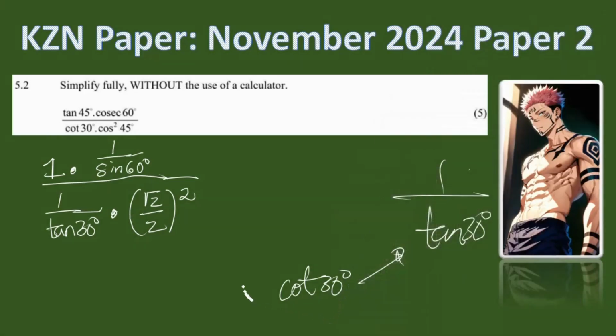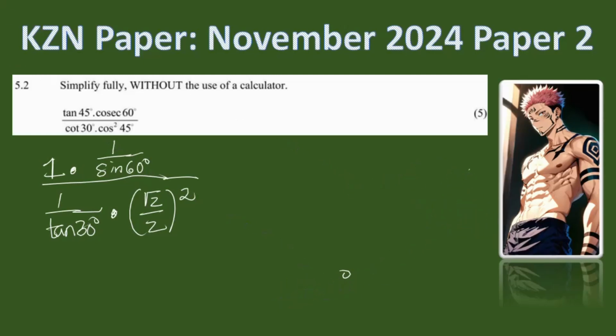Now, afterwards, I'm going to substitute with actual values. Let me erase this so that I can do that easily. I'm happy that I also did this one because it's unique from the other two that we did. So I have 1 multiplied by 1 over sine 60.